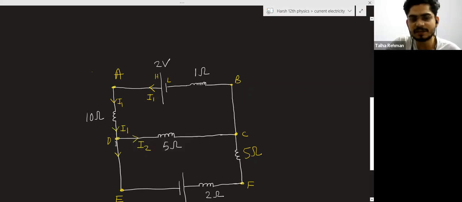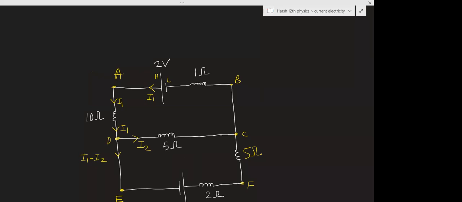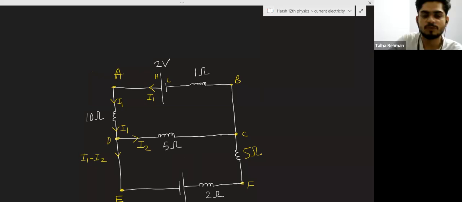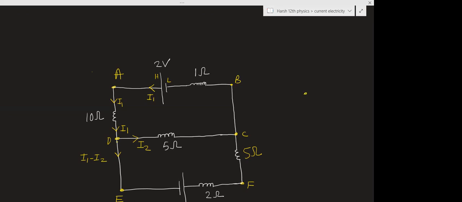You can apply the junction rule here. When you apply the junction rule, you will get I1 minus I2 equal to 0. I am just applying the junction rule, the current rule, at this junction.